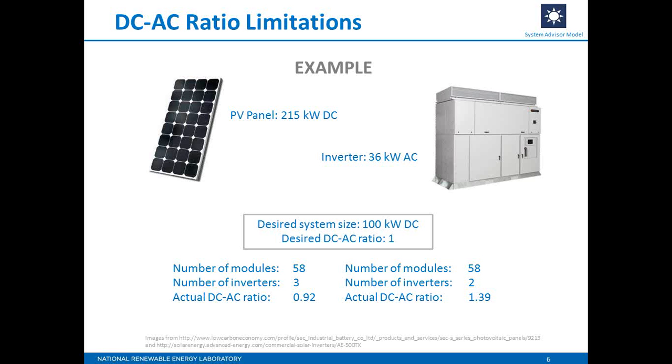But if you go back down to 2 to try and bump up your DC to AC ratio, the actual ratio you get is 1.39. So again, this is a decision point where you have to decide which configuration is going to be better for your purposes, or if you need to change something like the number of modules or the module or inverter model.